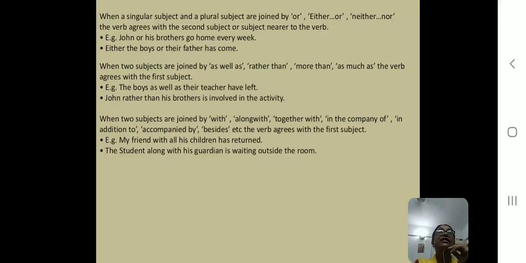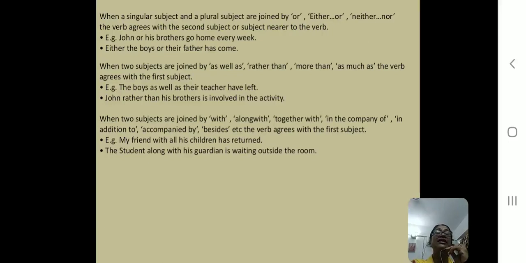Now let us see what happens when different types of subjects are used. When a singular subject and a plural subject are joined by or, either or, neither nor, the verb agrees with the second subject, or the subject nearer to the verb. So here we have to see, like John or his brothers go home every week.